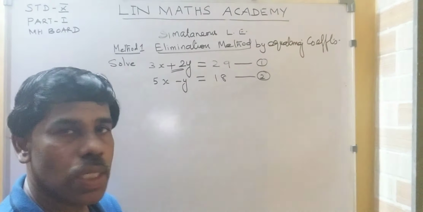So, multiply equation 2 by 2. What am I going to get? 10x minus 2y equal to 36. This is equation number 3. Now, what is the first equation? 3x plus 2y equal to 29. It is equation 1. Right?